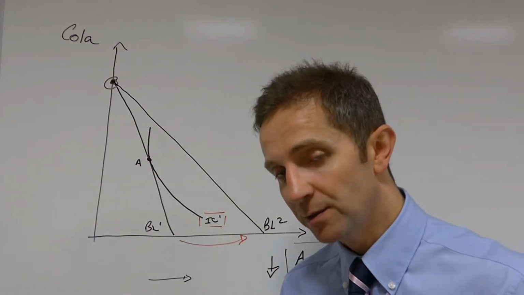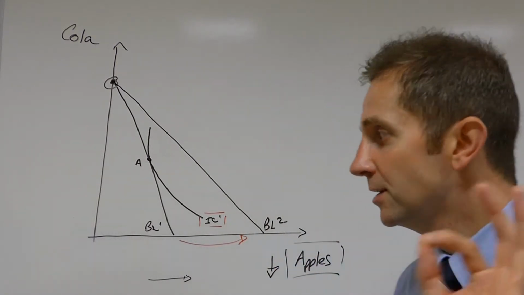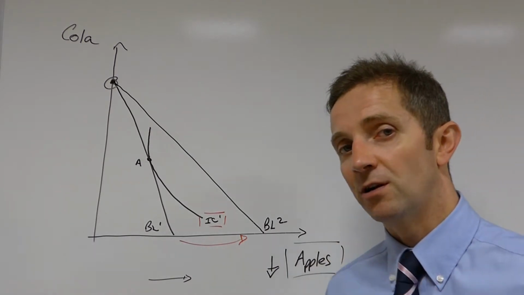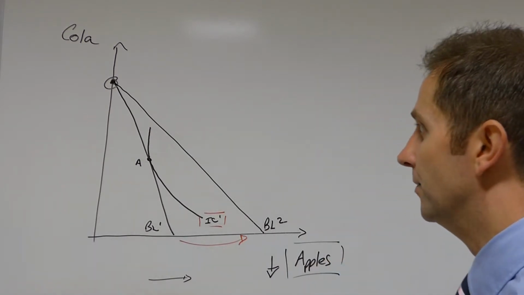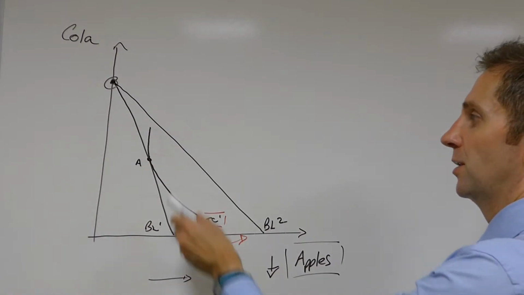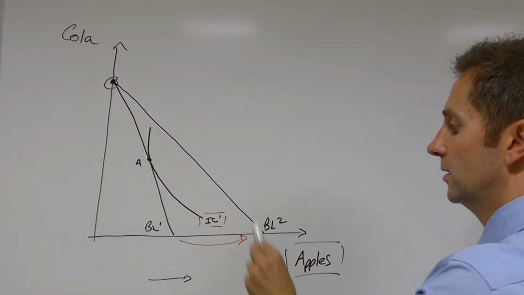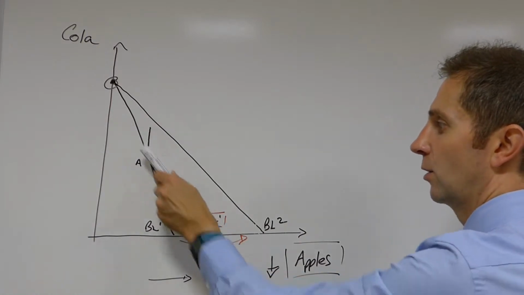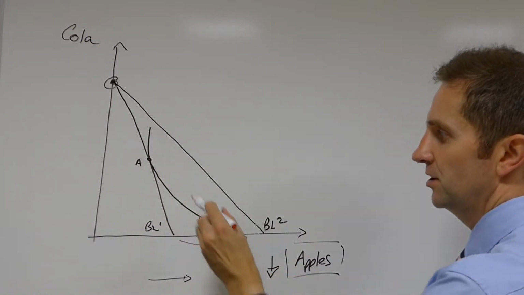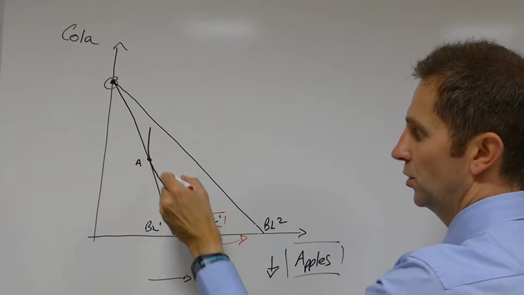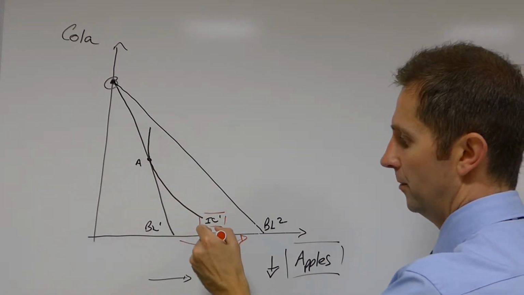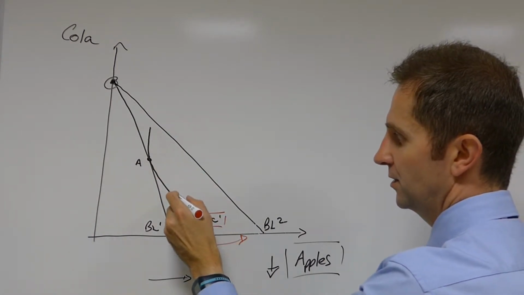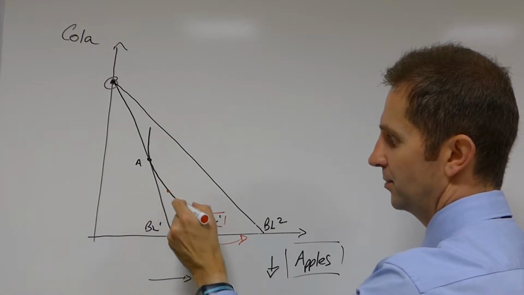It is, ladies and gentlemen, and as you'll know, we do that by means of what's referred to in your OCR textbook as a shadow budget line. So that shadow budget line will be parallel to budget line 2, and we're going to shift it across here so that it's just tangential to this indifference curve 1. So it's going to hit around this point here.